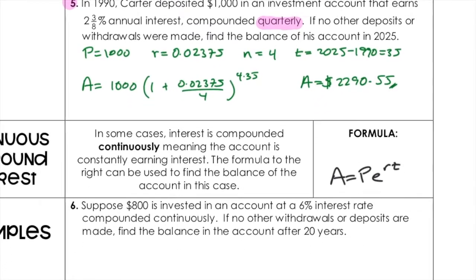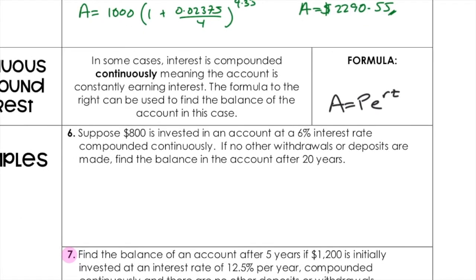In some cases, interest is compounded continuously, meaning that the account is constantly earning interest. The formula to the right can be used to find the balance of the account. In this case, A equals P times e to the R times T, right? Suppose you have 800 invested in an account at 6% interest compounded continuously.